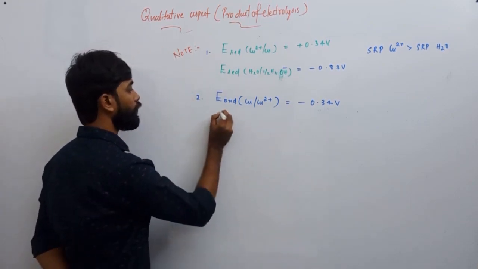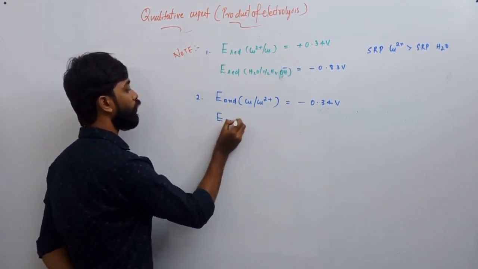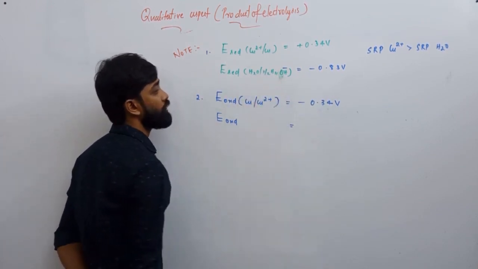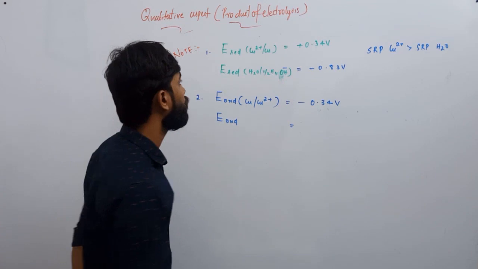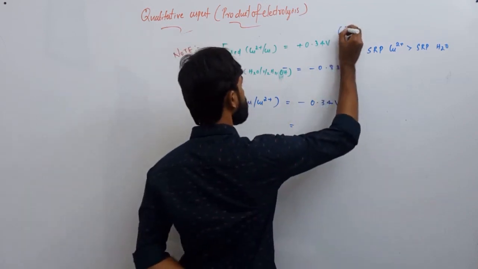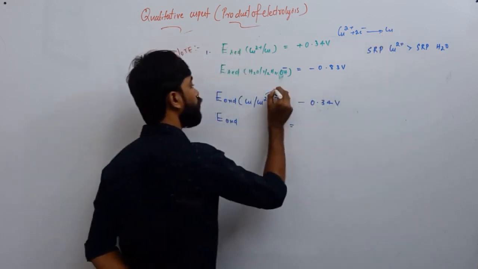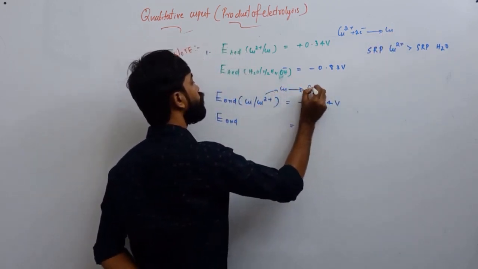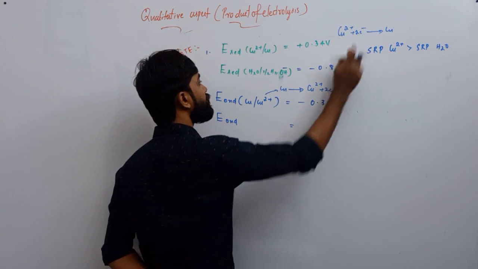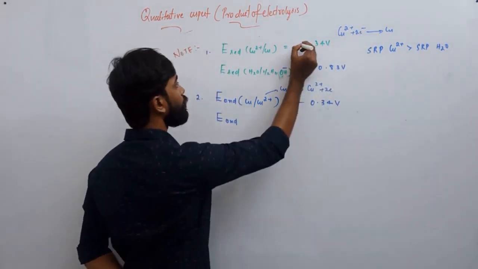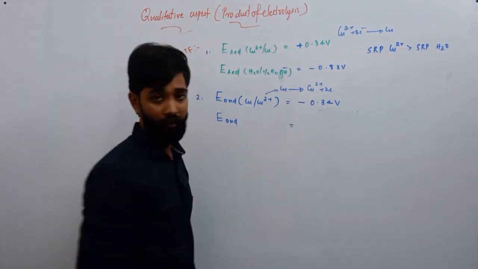But the oxidation potential of water is not exactly the negative of this one because the reactions are entirely different. The reduction of copper means Cu2 plus plus 2 electrons gives Cu, right? And the oxidation of copper means Cu becomes Cu2 plus plus 2 electrons. It is clear that these two reactions are inverse, so automatically the potential will be exactly the negative.